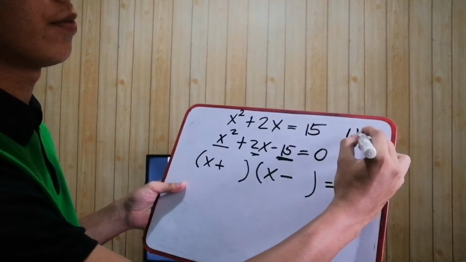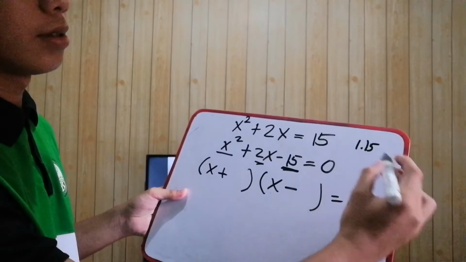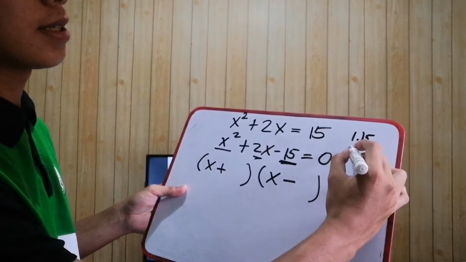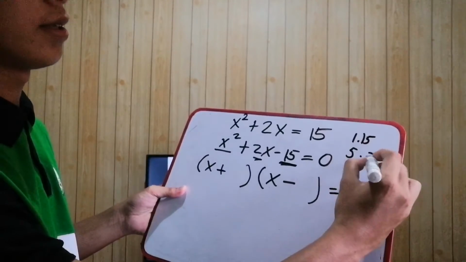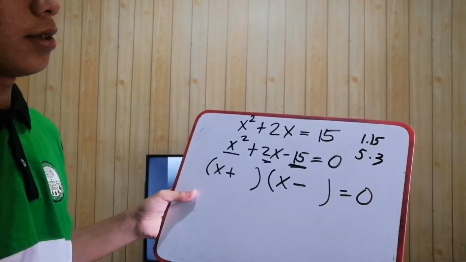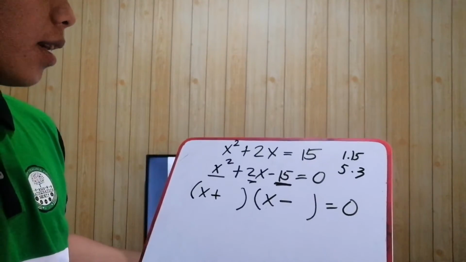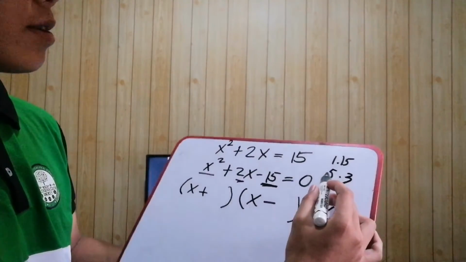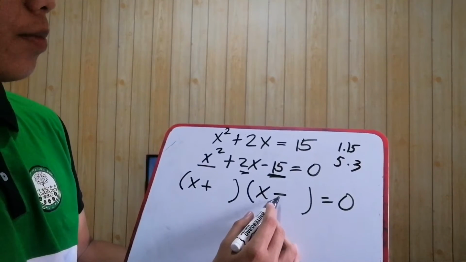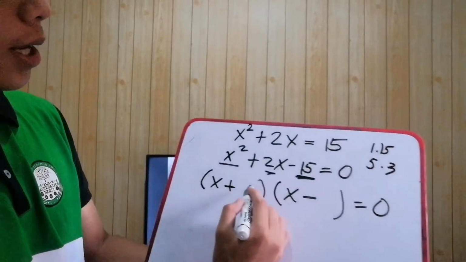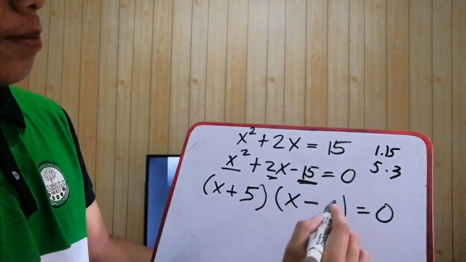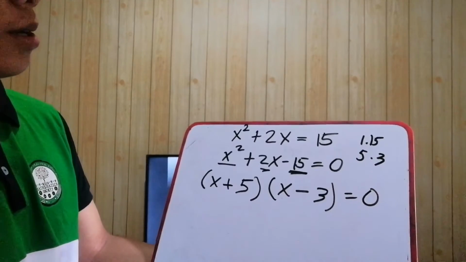1 and 15 as well as 5 and 3. Diba? So, ito nga. Pag i-minus natin yung kasi negative. So, lagay natin dito example 5, 3.